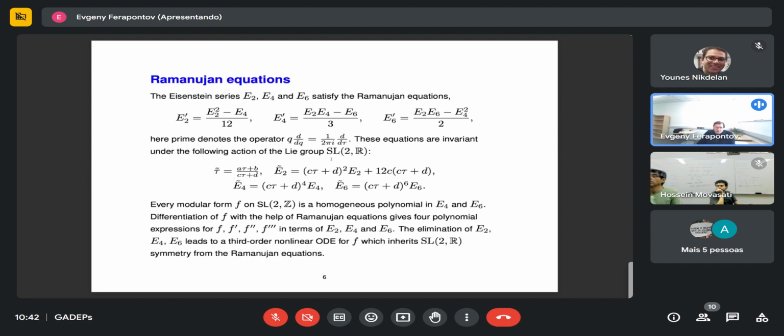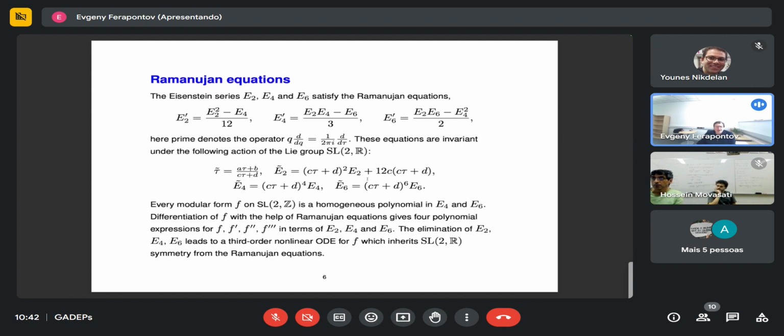So it's also known that this simple first-order system is invariant under the action of SL2R, which acts on the system as follows. Tau transforms in a linear fractional way, like this.